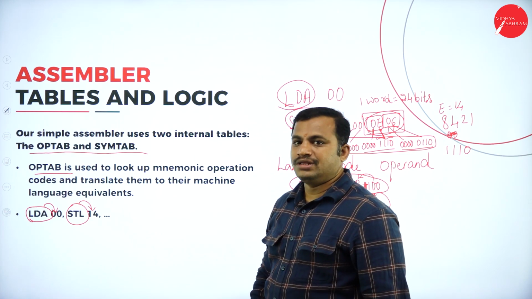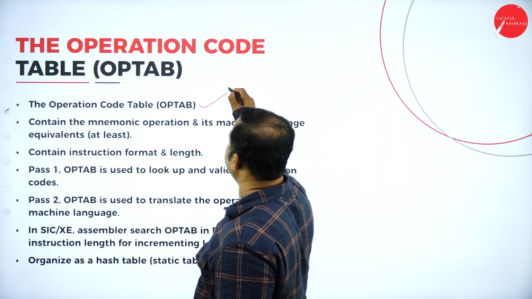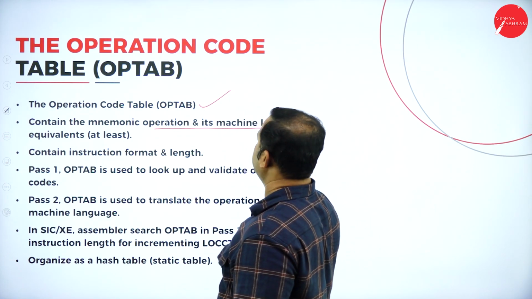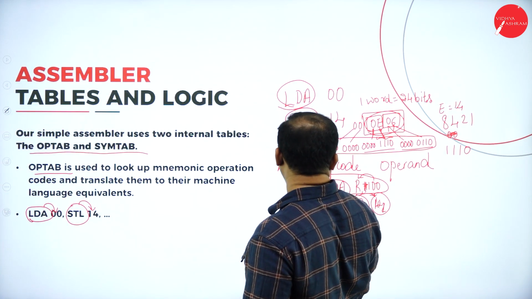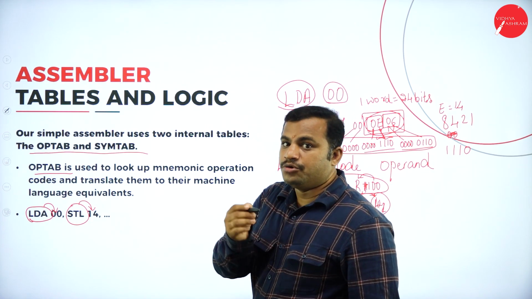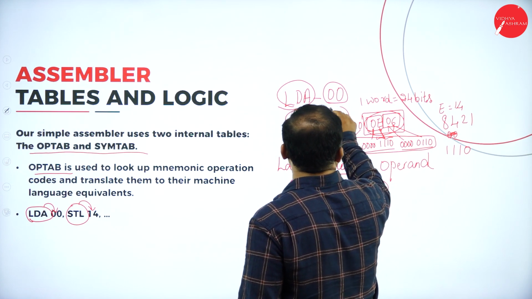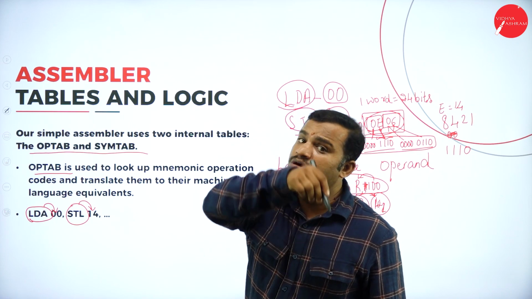Now, let me move on to the next slide. The opcode table, also called OPTAB, contains the mnemonic operation and its machine language equivalents at least. The same thing as I explained here: LDA corresponds to 0, the machine language mnemonic form. STL corresponds to 14, the numeric information of a mnemonic.